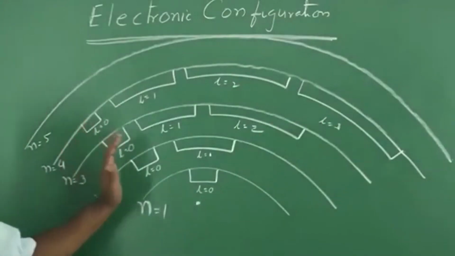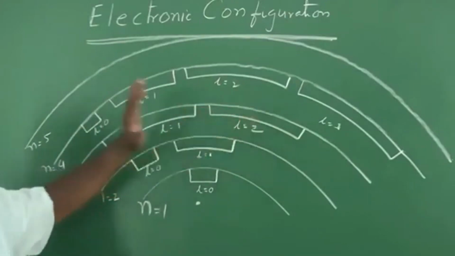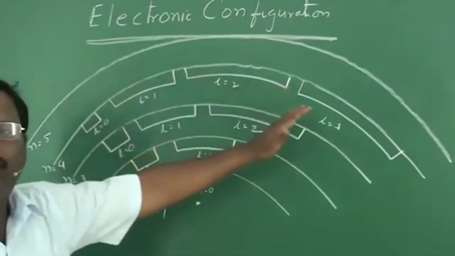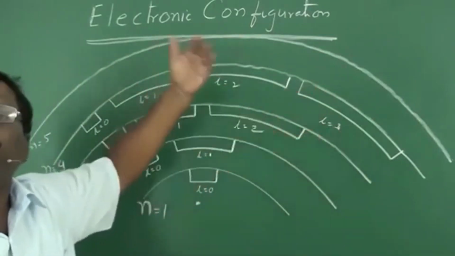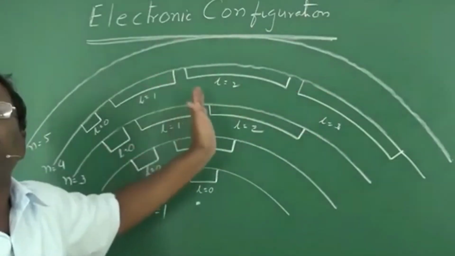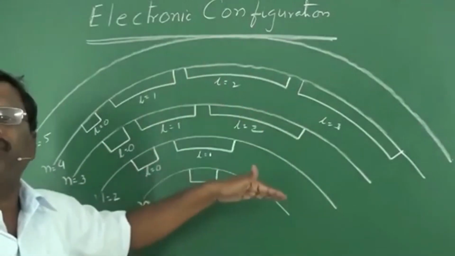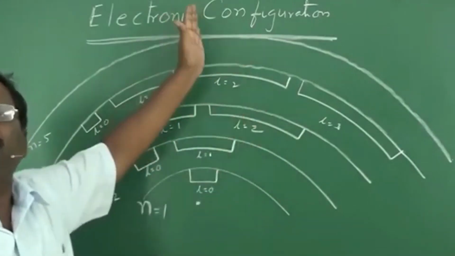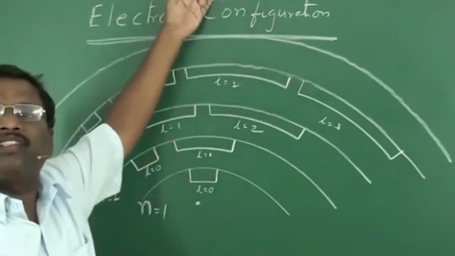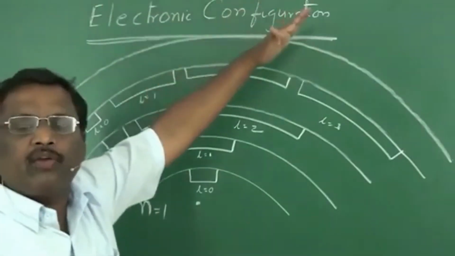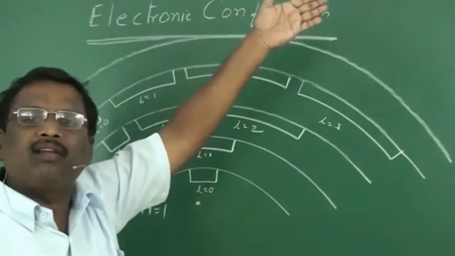That means the l values are from 0 to n minus 1. The minimum l value is 0 and the maximum l value is n minus 1. In the fourth energy level, l values are from 0 to 3. In the second, from 0 to 1. In the first, l is 0. In the fifth, 0 to 4. In the sixth, 0 to 5. In the seventh, 0 to 6, and so on.